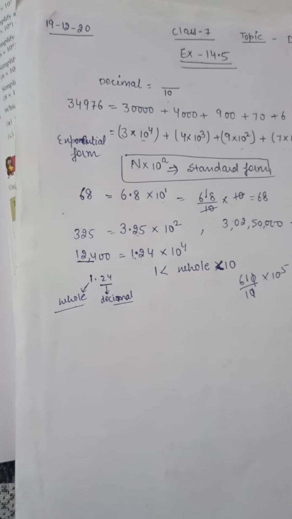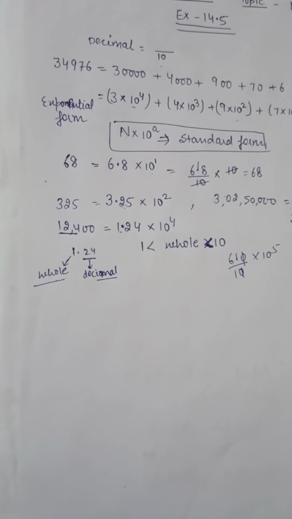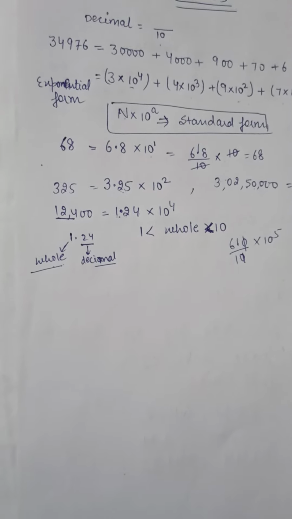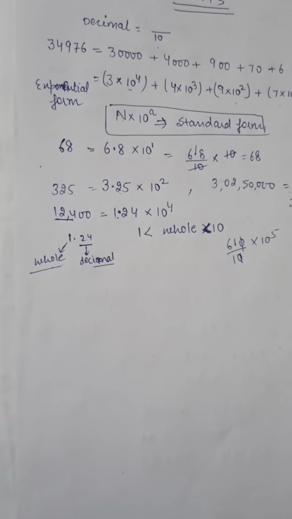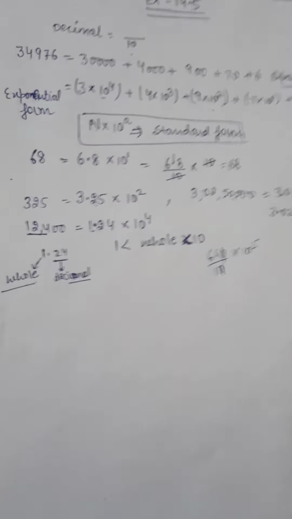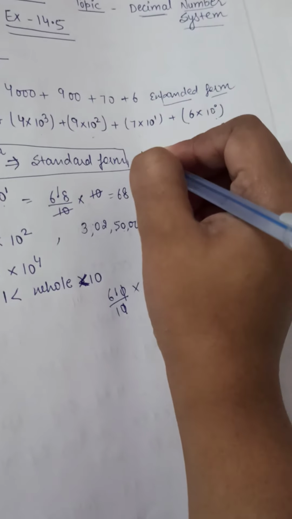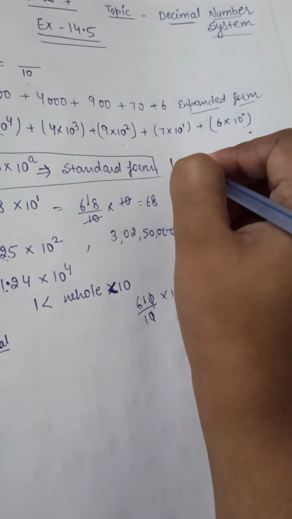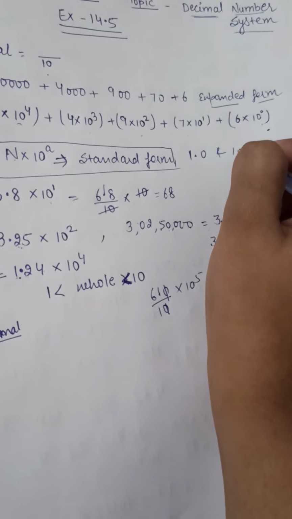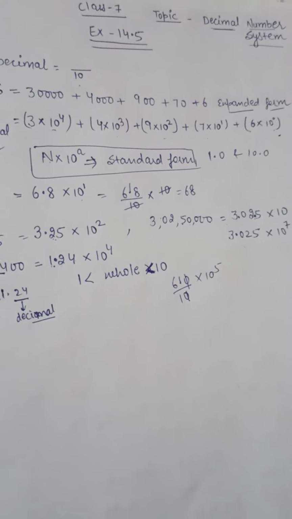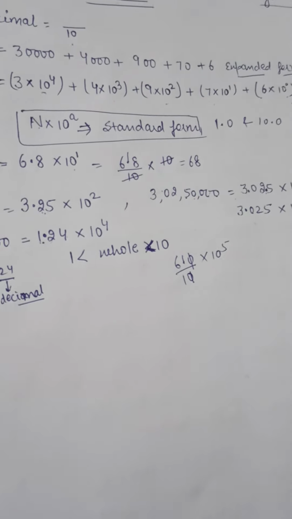After this, let us recall once again. The expanded form of a number can be written by using the exponents of 10, right? And the standard form of a number is expressed as a decimal number between 1.0 and 10.0, right? And multiplied by a power of 10.